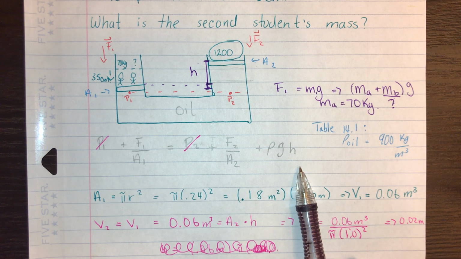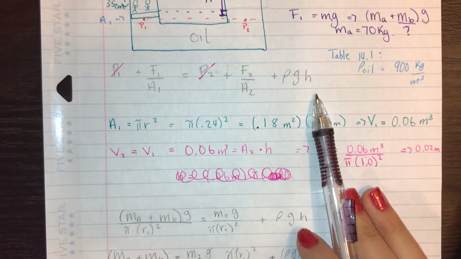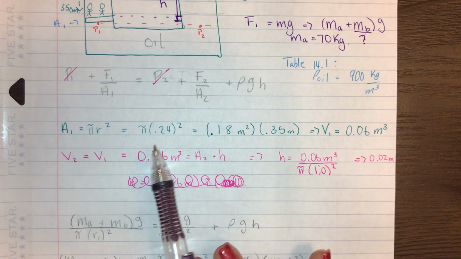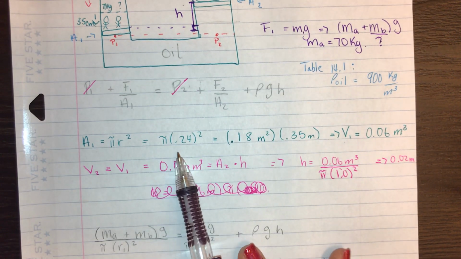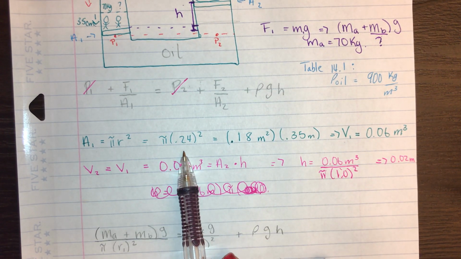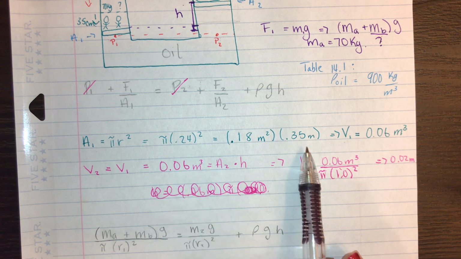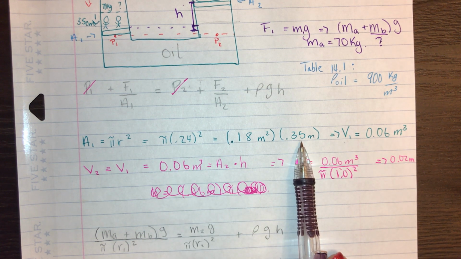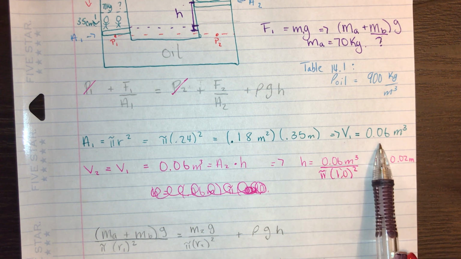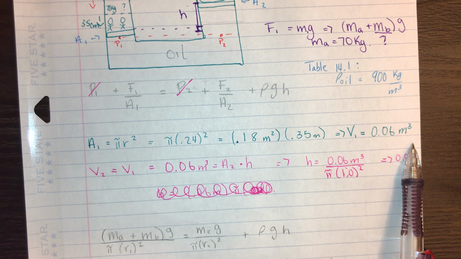area and volume. So we know that area 1 would be pi times 0.24 squared because we found this radius in part A, and if we multiply that by the given information in this problem, which is 0.35 meters, we get that the volume displaced of oil is 0.06 meters cubed.